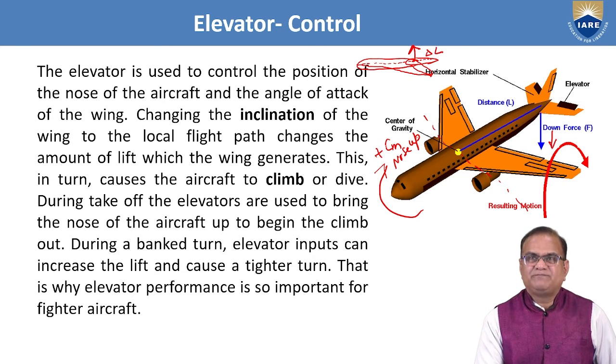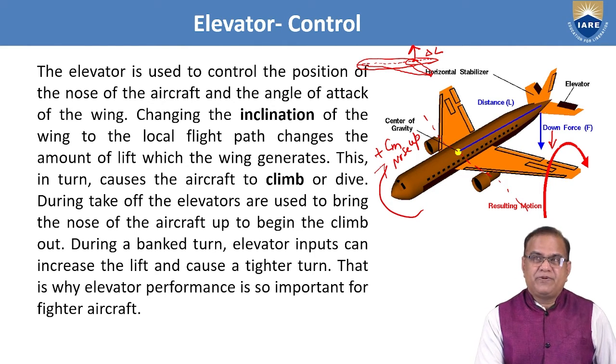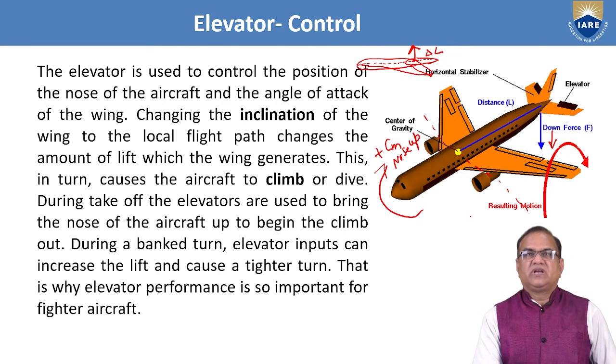It is called delta L, and it causes the aircraft to climb or dive. So if you want a climb, nose should be up. If you want nose up, it means elevator should be up. So this force should be towards the ground. Then only it will go up. During takeoff, the elevator is used to bring the nose of the aircraft up to begin the climb out.